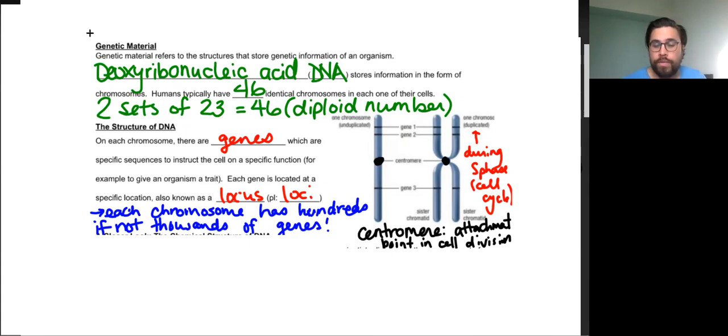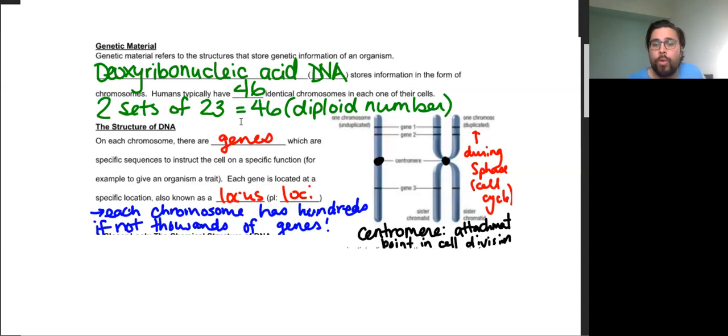The way that all of those inherited traits get passed on is through what's called genetic material. So genetic material is the idea that we're going to talk about in terms of how an organism stores that code or genetic information in order to pass it on.